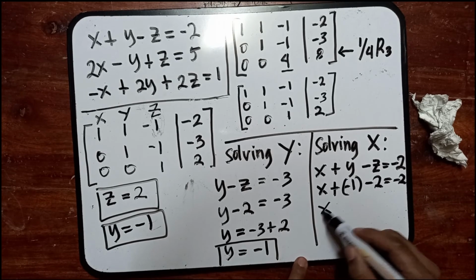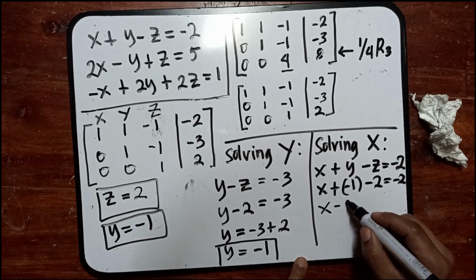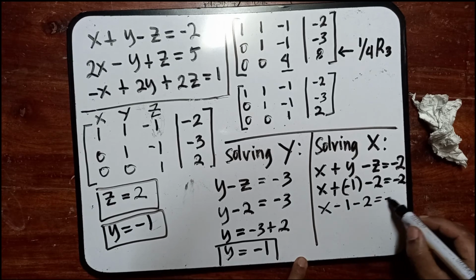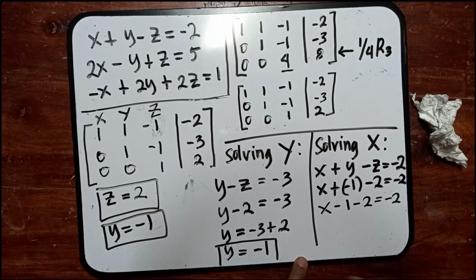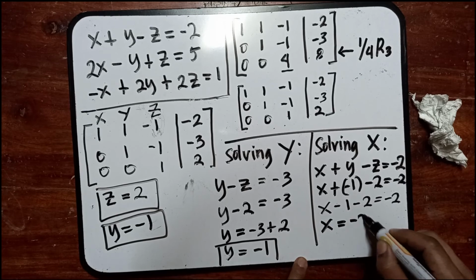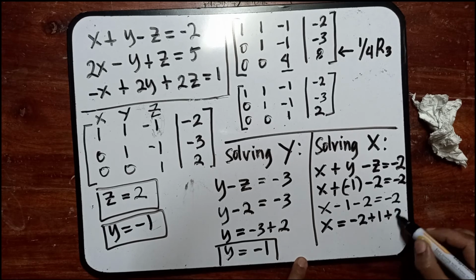So x, negative 1, and then negative 2 equals negative 2. So let's transpose everything. Let's perform elimination. So x becomes negative 2 plus 1 plus 2.